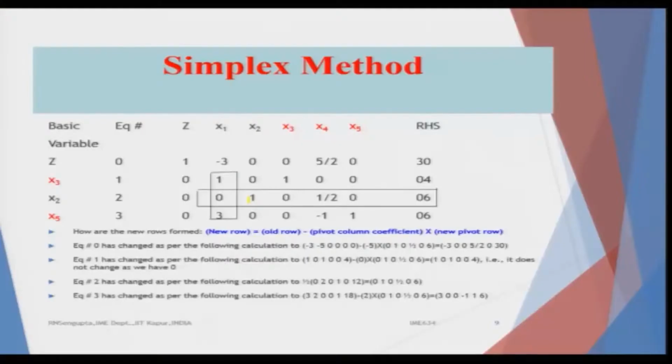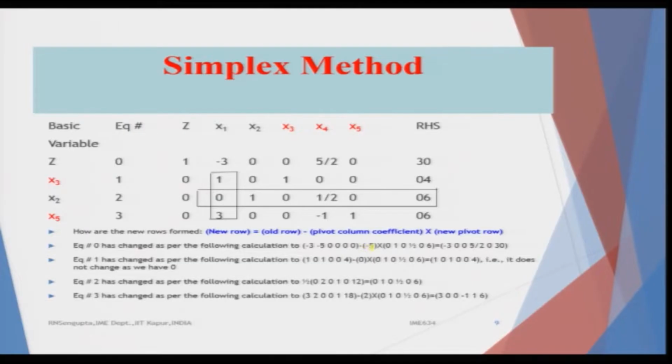So, equation 1 has changed as per the following calculation. Initially it was -3, -5 corresponding to x1, x2, and for x3, x4, x5 it was 0, and the last one was the objective function, which was initially 0.